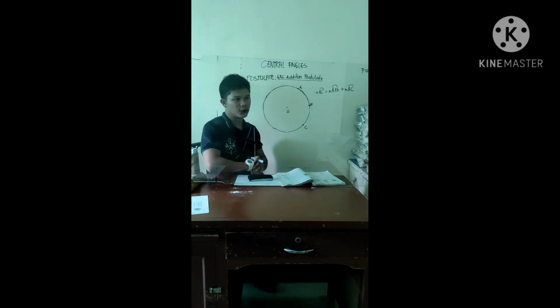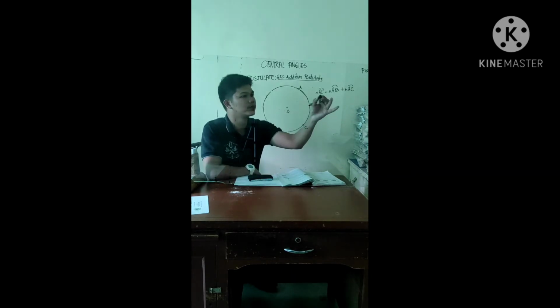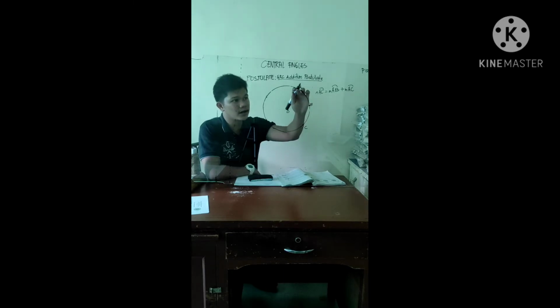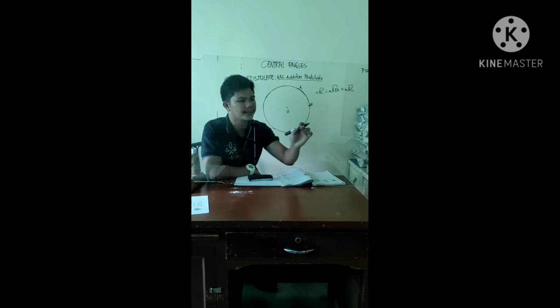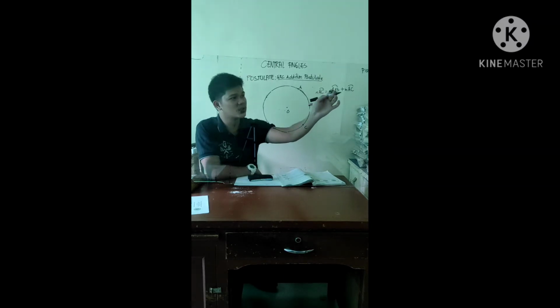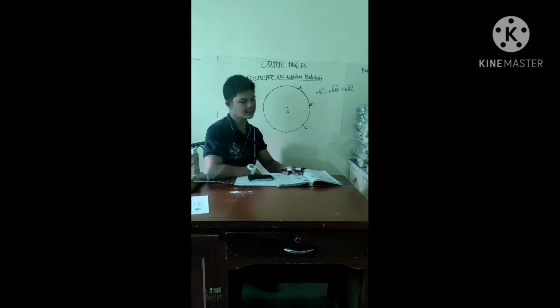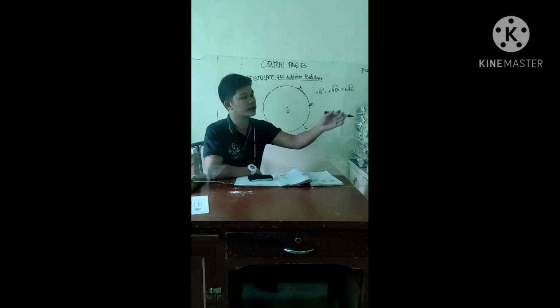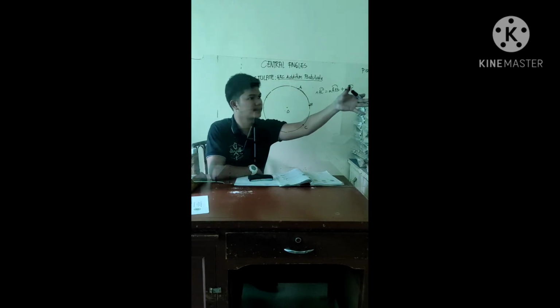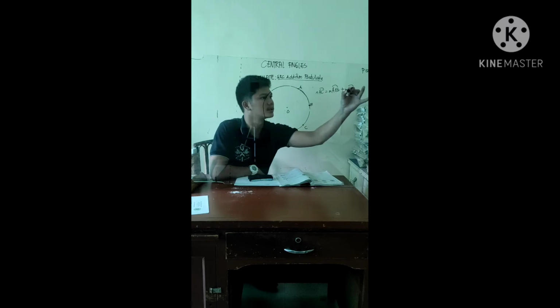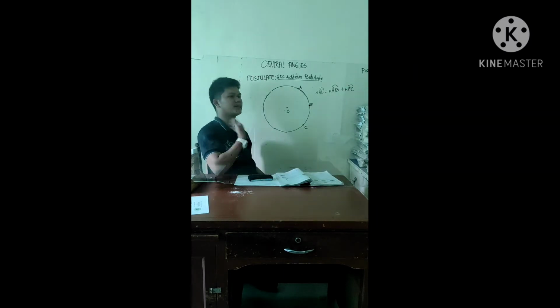Okay. So, for example, si arc AC, para makuha natin yung measurement ni arc AC, i-add natin yung measurement ni arc AB at saka ni arc BC. Okay? So, measure of your arc AC is equal to measure of your arc AB plus the measure of your arc BC. Yan.